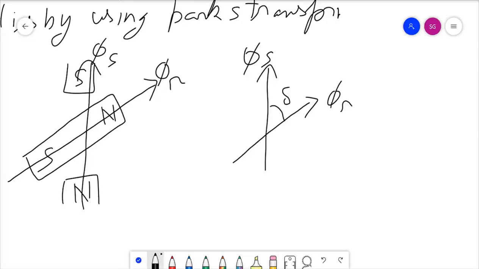So the strength of these magnets will determine the torque by which this rotor is pulled towards this stator. If delta is 90 degrees, the torque will be maximum. And if delta is 0, when the rotor is aligned to the stator, there will be no torque. So this is the torque experienced by the rotor due to polarity attraction towards the stator.